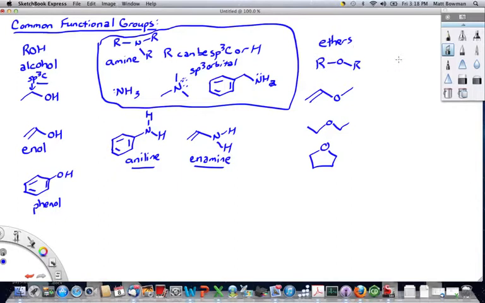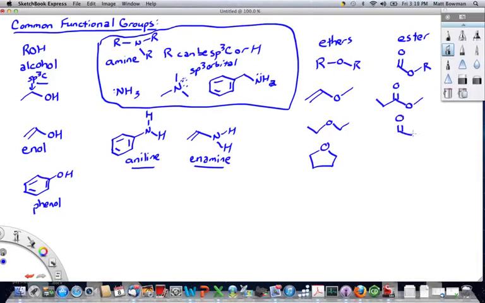If it's a carbonyl group, like so, then it's no longer an ether. Instead, it's referred to as an ester. Esters behave quite a bit differently chemically than ethers do, so they are a different functional group. So here we have an ester.